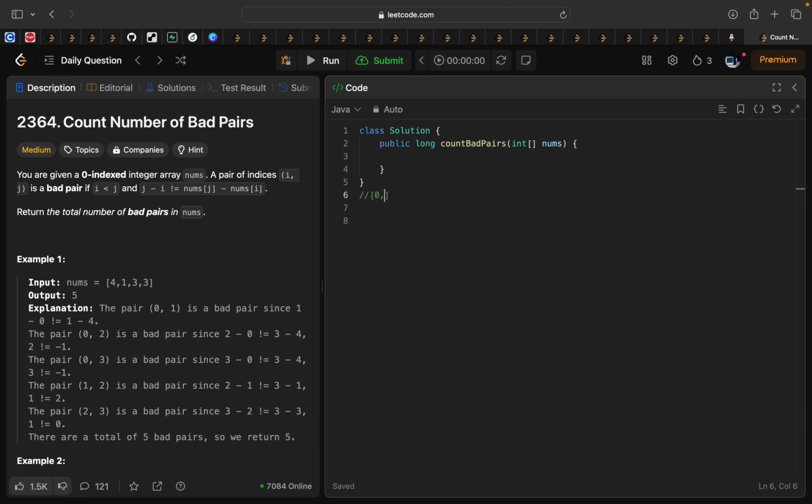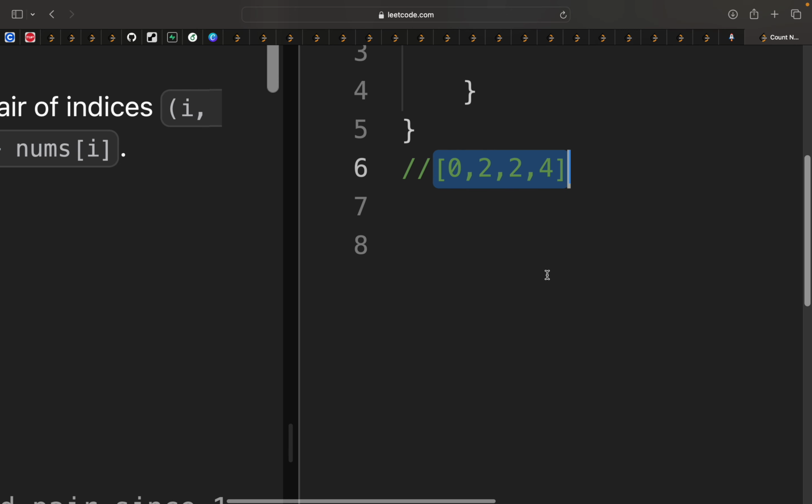Let's say we consider this pair. So in this particular array, we have two good pairs, meaning 2 minus 0, which is 2, and the difference between these indices is also 2.